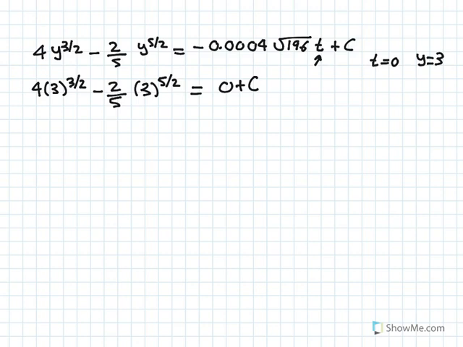We solve for c. Let's plug it back in, and we have our implicit solution. It's implicit because we haven't isolated y as a function of t. And I think in this case, it's extremely difficult to do that, so we can just leave our answer in implicit form.